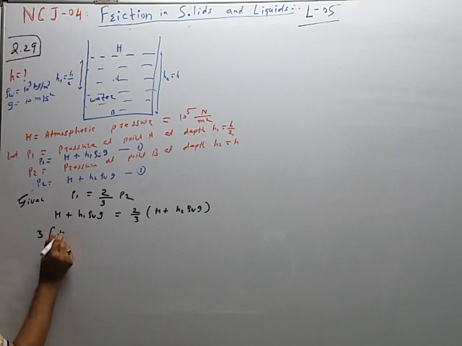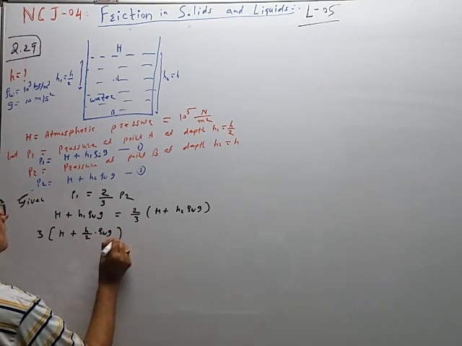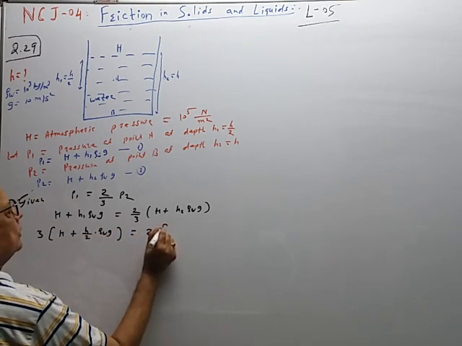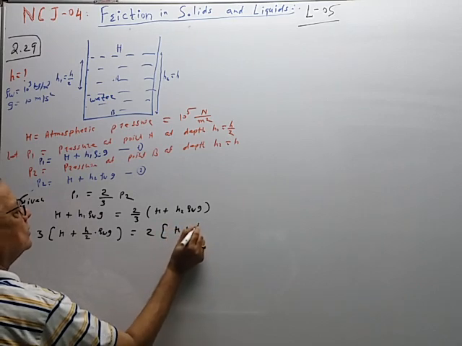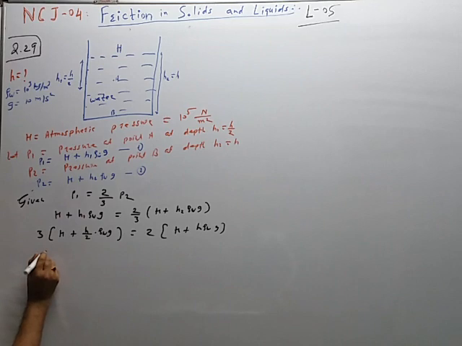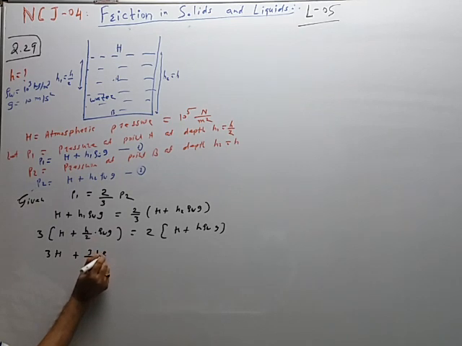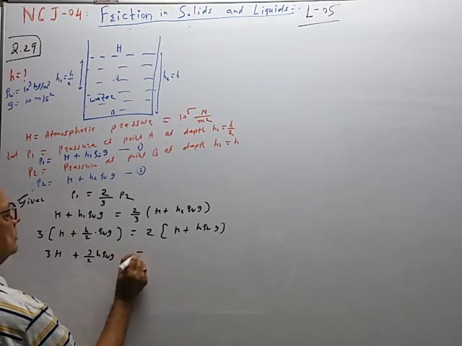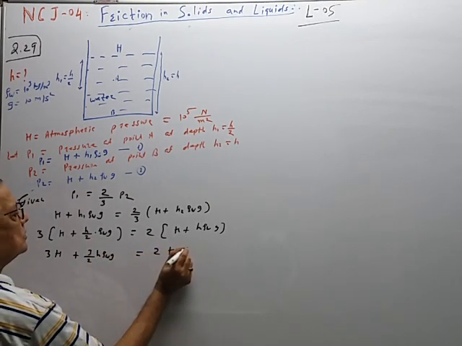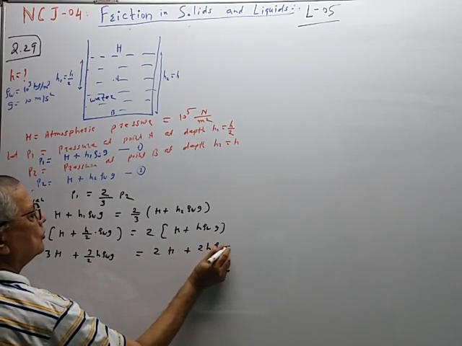So 3 into bracket H plus h by 2 into rho water into G is equal to 2 into H plus h into rho W into G. So 3 times H plus 3 by 2 times h rho W G is equal to 2 times H plus 2 times h rho W into G.